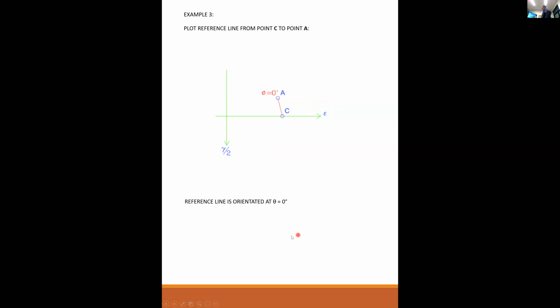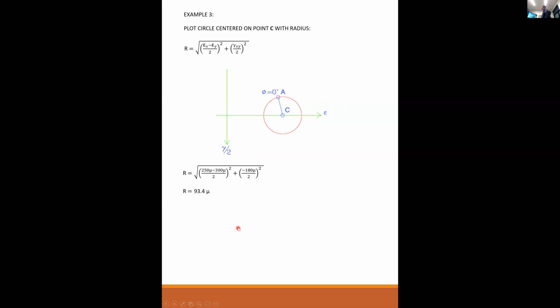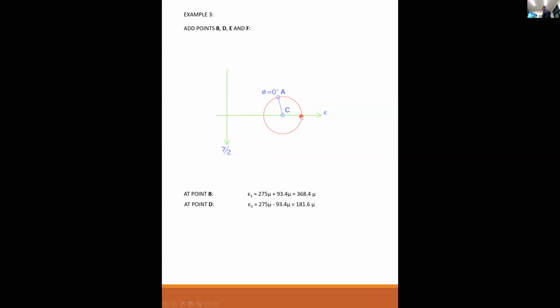Reference line is oriented at theta equal to 0 degrees. And we have our radius, so we can plot our circle. Again, the radius is 93.4 mu. And then we can find at point B that epsilon 1 is equal to the 275, this average to the center, plus the radius gives me 368.4 for point B here.